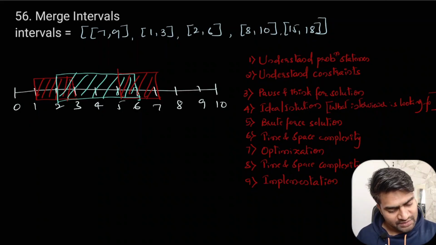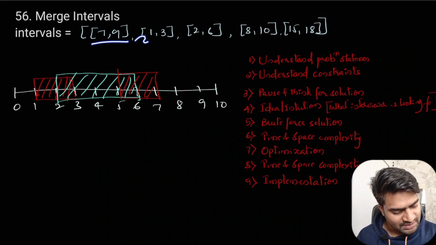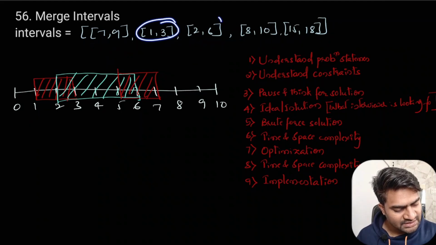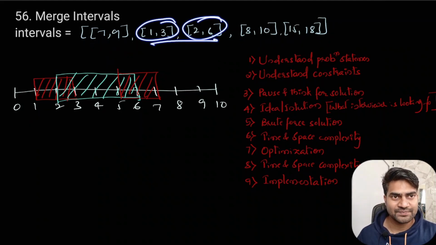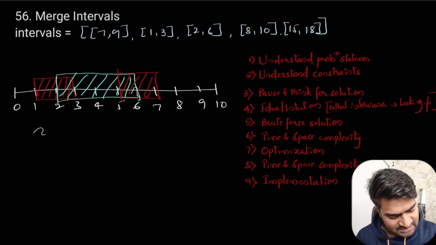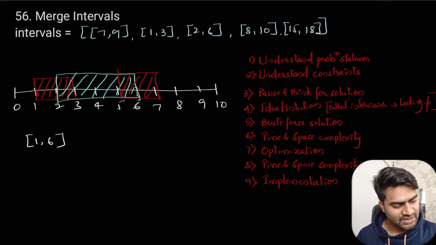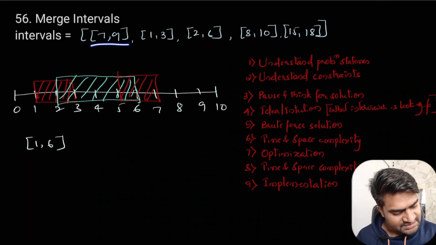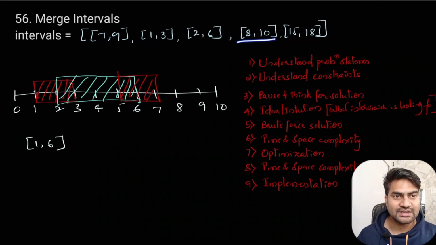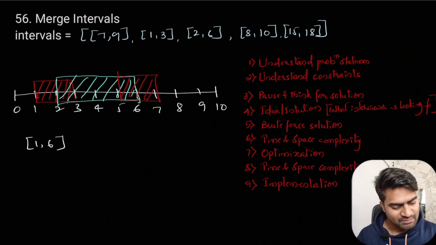Now in this particular example, 1 3 and 2 6 overlap, right? So I will say this is 1 comma 6 after the merge. Now 7 9 and 8 10 again overlap, because 8 is less than 9.